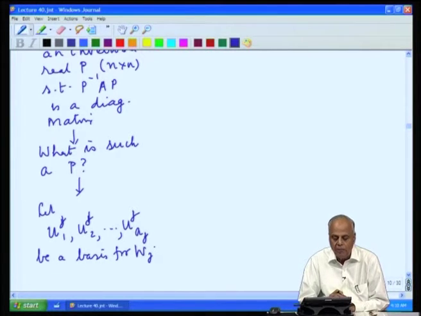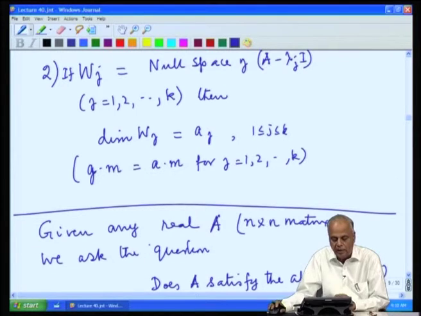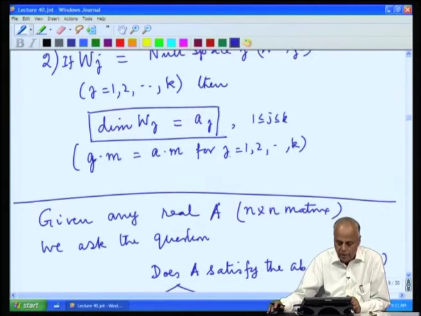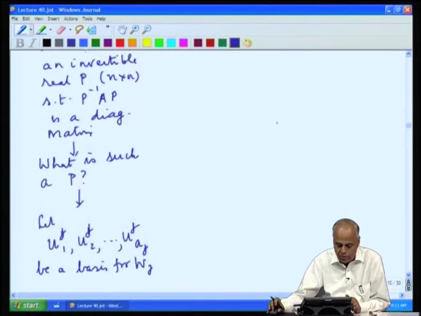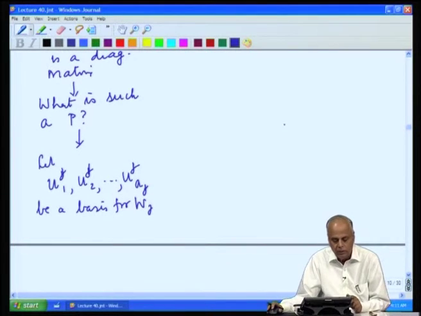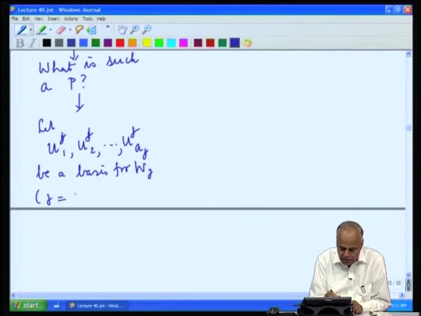By condition 2, the dimension of Wj is aj, and therefore a basis for Wj will have aj vectors. These aj vectors are denoted by uj1, uj2, ..., ujaj, and this we do for each j.